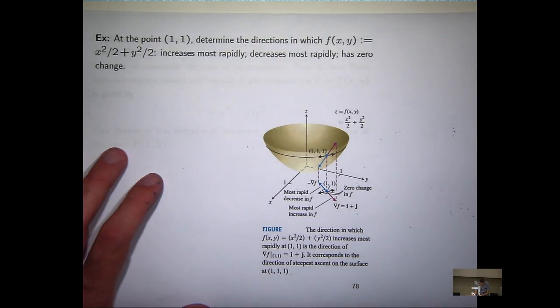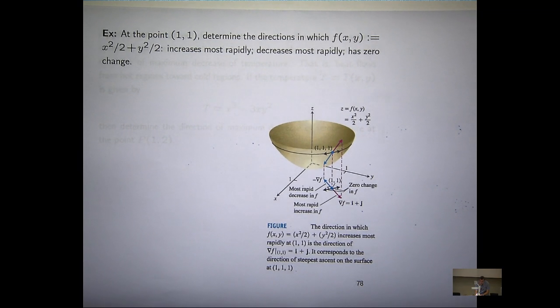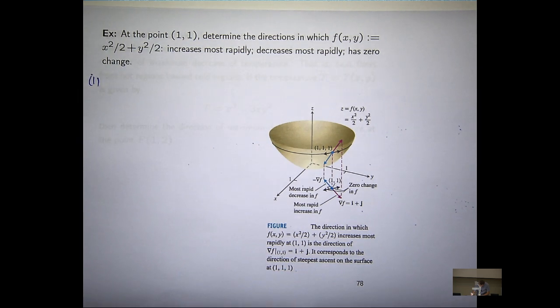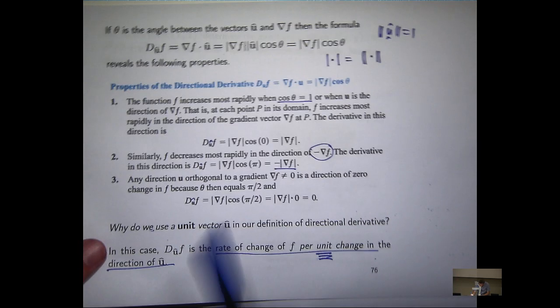This is a standard level question, I would think. Here I've got a surface, actually a paraboloid, and some point 1, 1. We are asked to determine the directions in which our function increases most rapidly, decreases most rapidly, and has 0 change. Essentially it's just an application of these 3 points.